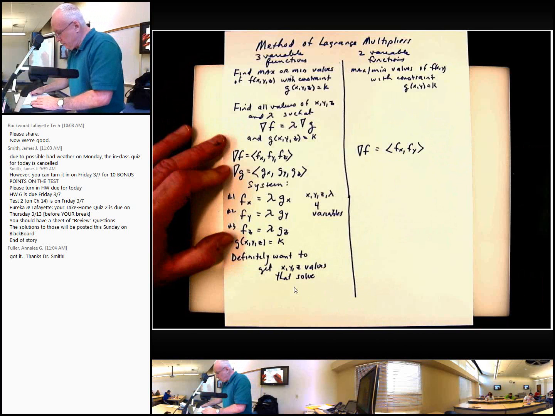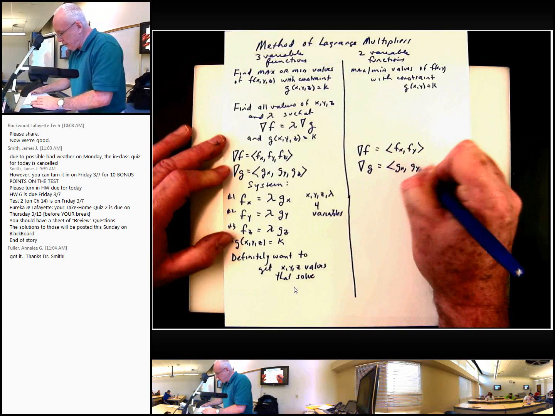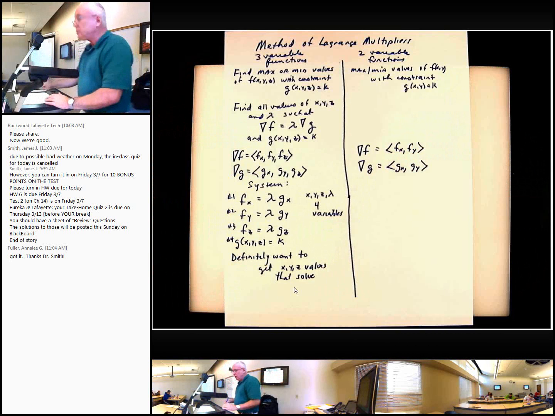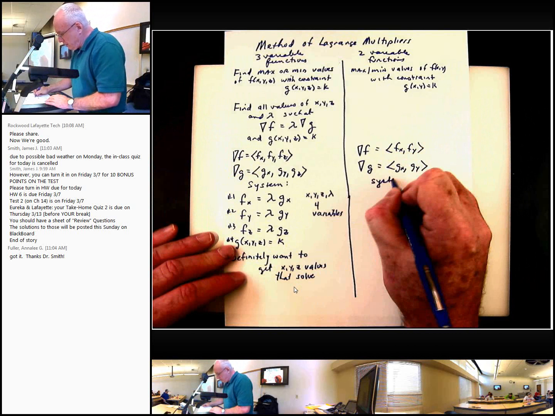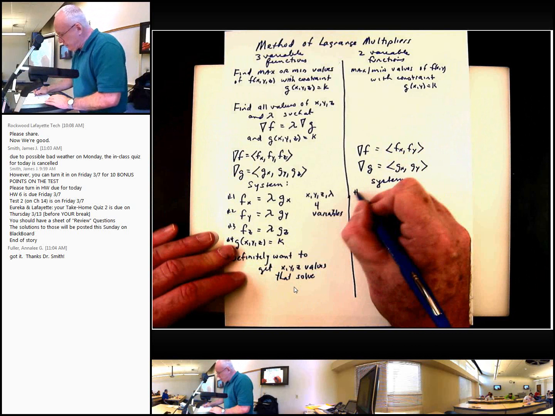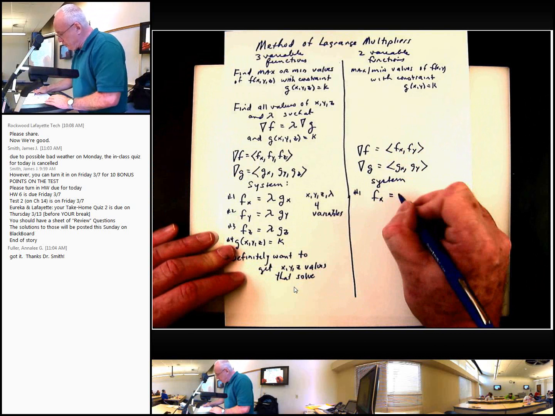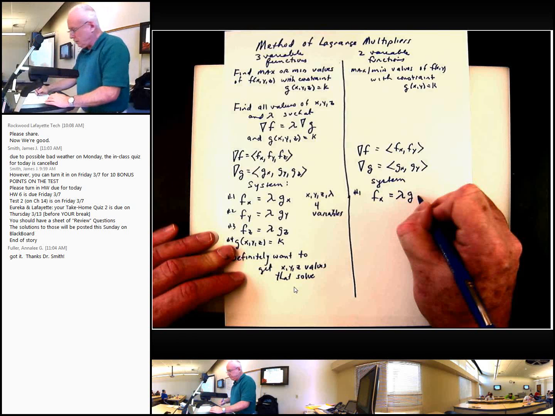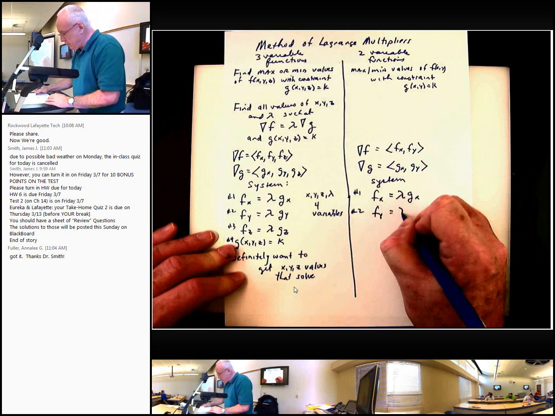The gradient of g is gx and gy. So this is the system that we have to solve. Equation number 1 is fx equaling lambda times gx. Number 2 is fy equals lambda times gy.